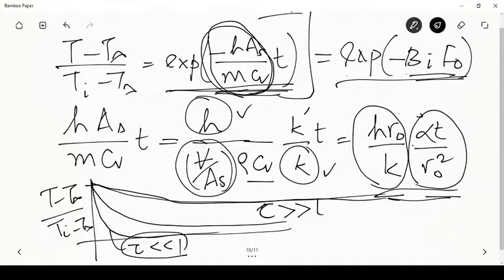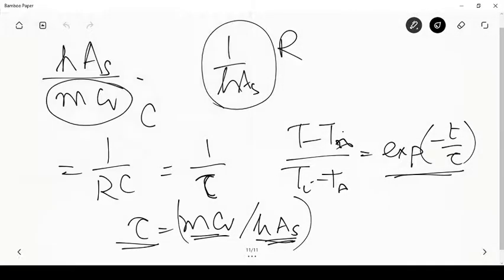That is, the heat transfer rate is very large, but the capacity is small, so the object reaches the temperature very quickly. And similarly, if the time constant is very large, that is, the body's mass or CV is very large, and the heat transfer rate is small, then it will take a very long time to reach the final temperature. So that is the second interpretation of the same problem that you can do.